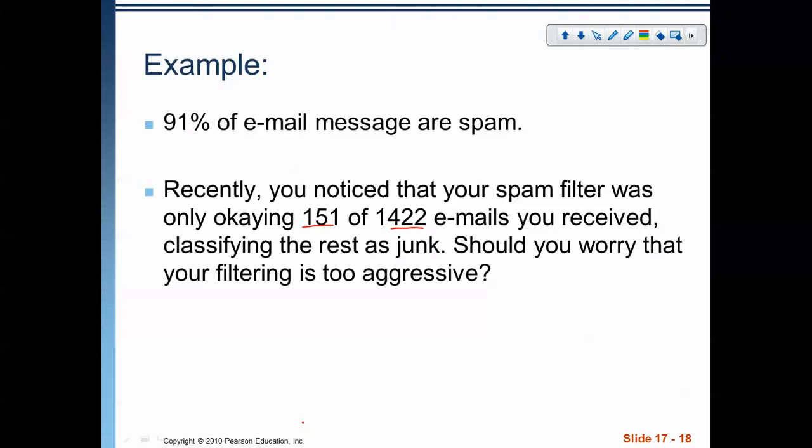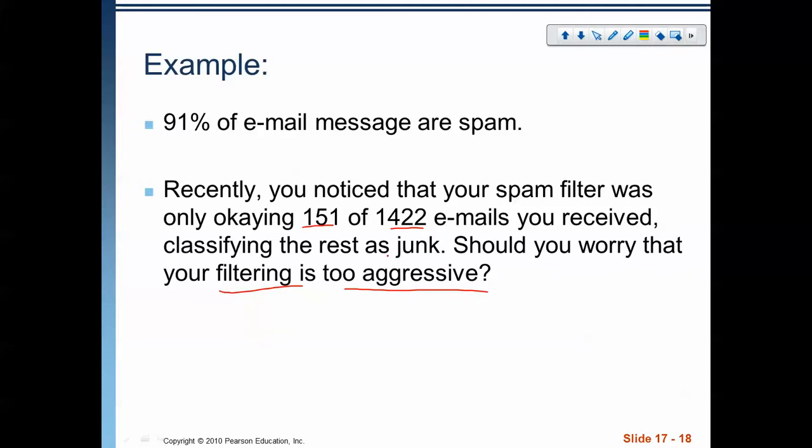With that particular 151 out of 1,422, should I worry that my filter is too aggressive? Is it filtering out too many emails? Okay. So we can use the probability to determine if this is too aggressive, right?